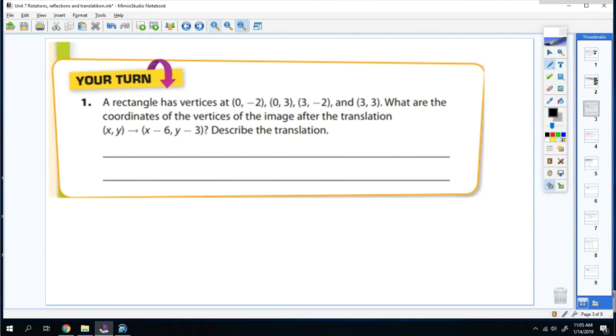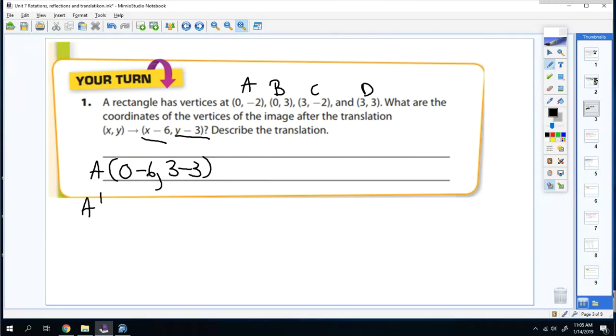All right, a rectangle has vertices, and I'm going to label this A, B, C, D. What are the coordinates of the vertices of the image after the translation? So that'd be 6 to the left and 3 down. So A will be 0 minus 6, and then 3 minus 3.